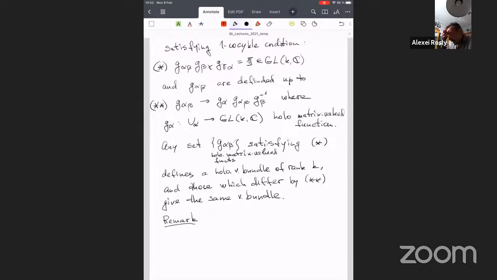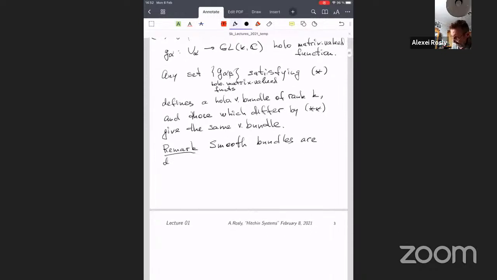By a smooth vector bundle, we understand approximately the same thing, just lifting the condition of holomorphicity. So smooth bundles are defined in the same way.